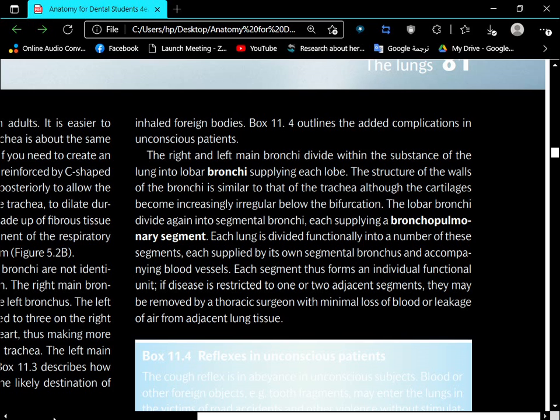Each segment thus forms an individual functional unit. If disease is restricted to one or two adjacent segments, they may be removed by a thoracic surgeon with minimal loss of blood or leakage of air from adjacent lung tissue.